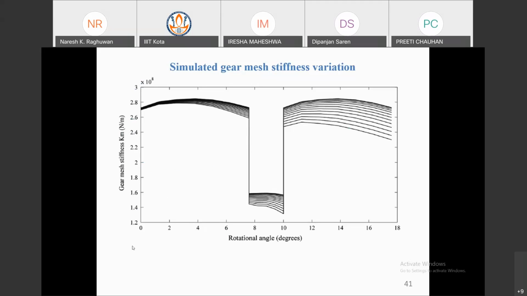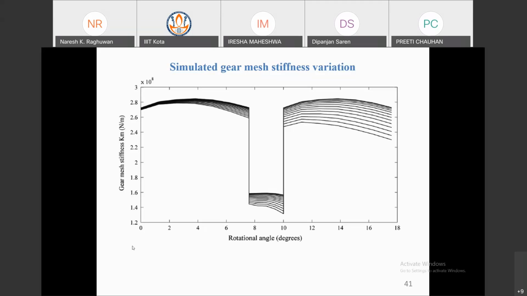In the healthy case, the stiffness varies over the rotation degree of the gear. If a crack is there, the stiffness also changes. Whether it is swelling on the tooth or a crack on the tooth, the stiffness will change.